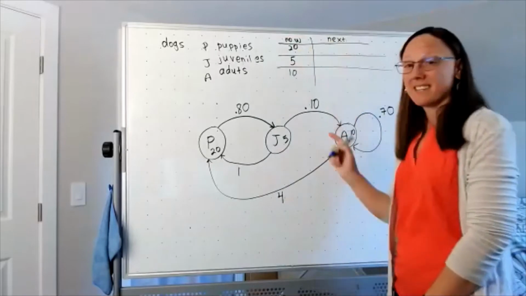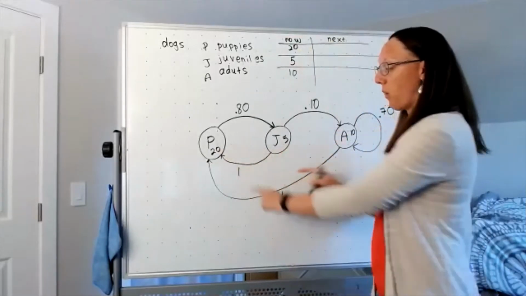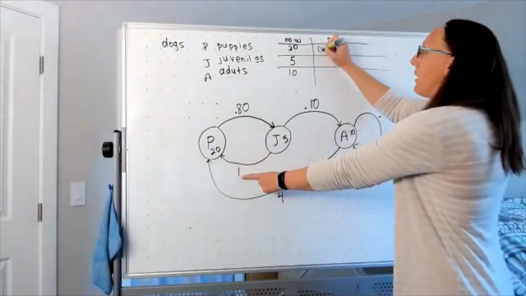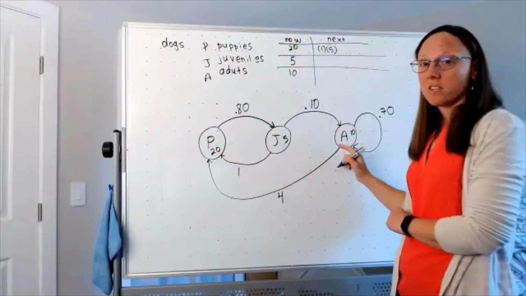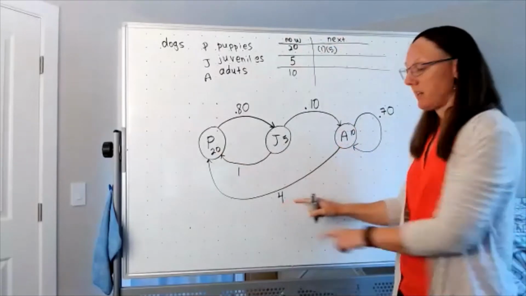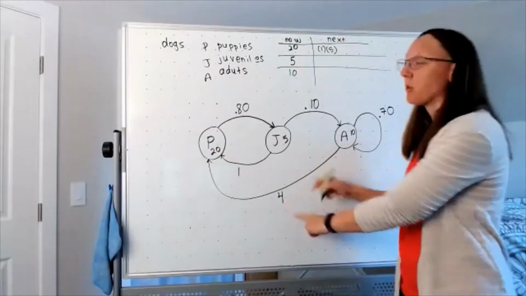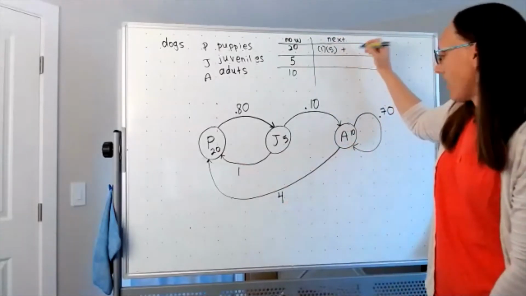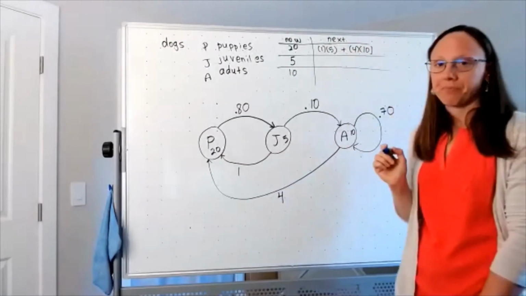My next set of puppies: each of these juveniles is going to produce 1, so I'll have 1 times 5. And each of these adults is going to produce 4 new puppies. I had 10 adults and they each produced 4 new puppies, so I've got 4 times 10.